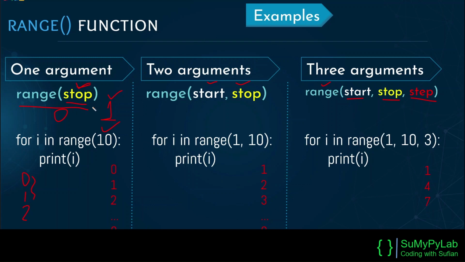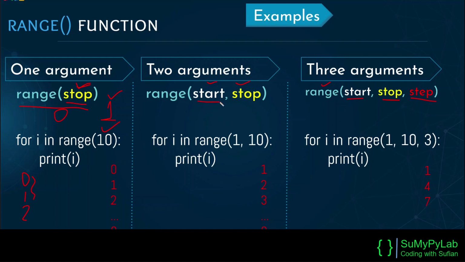Although we haven't mentioned it, the default is 1, and it has started at 0 because we have omitted the start and the default is 0. So this range function will generate numbers from 0 to 9. Why? Because 10 is exclusive.